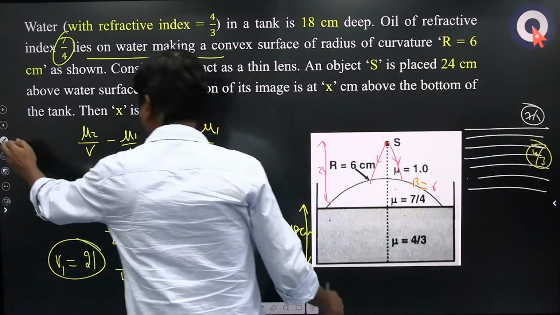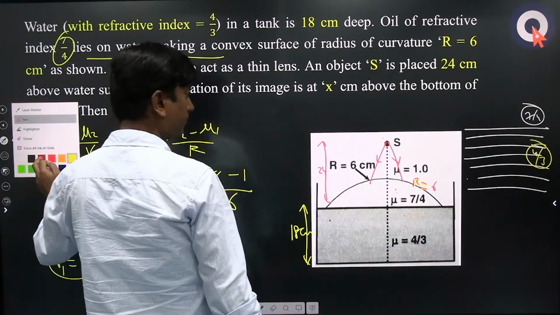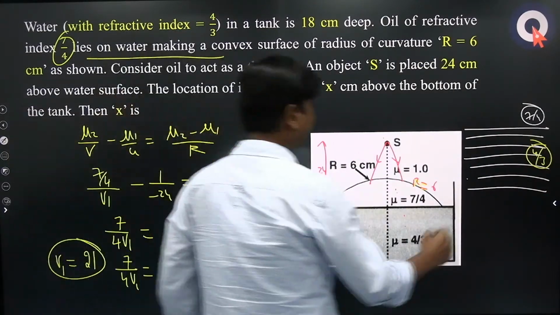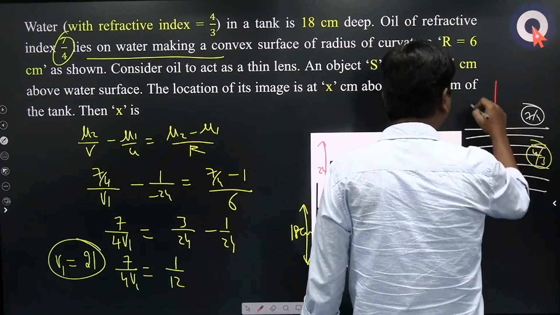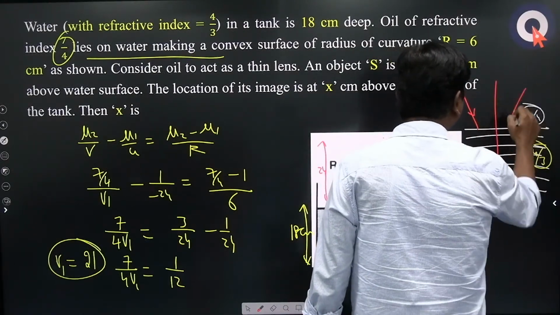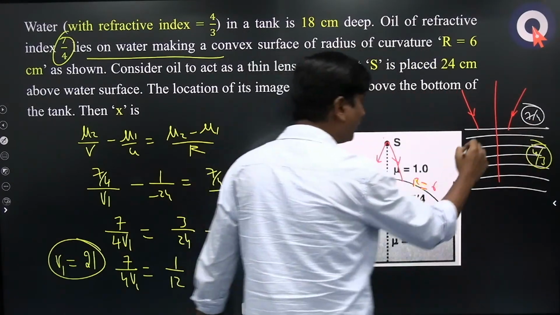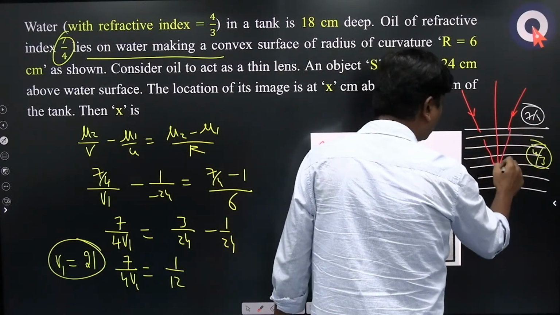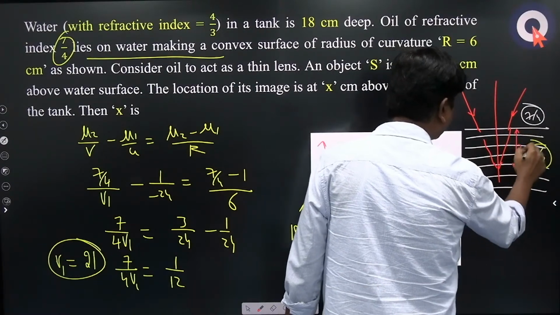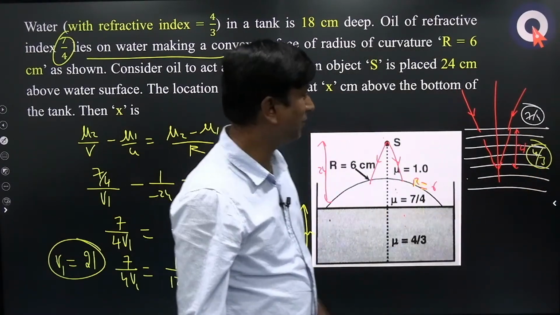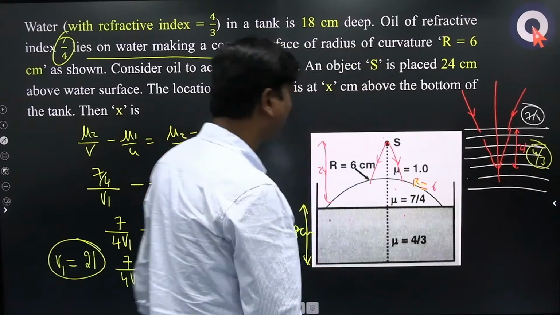Now the rays are trying to converge like this, as if they are coming from 7 by 4 to 4 by 3. They are trying to converge exactly at 21 here. But there is a change in medium from 7 by 4 to 4 by 3.